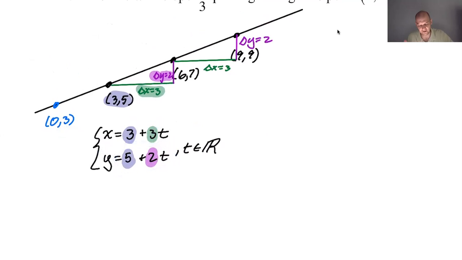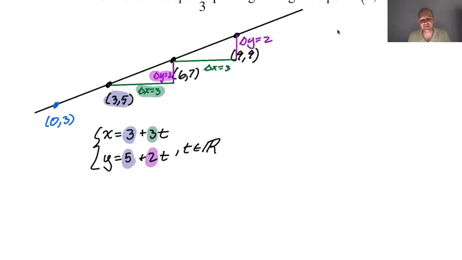I can get to x equals, say, 1.5. I would need t to be -1/2. If t is -1/2, y is going to be 5 minus 1, which is 4, so 1.5, 4.